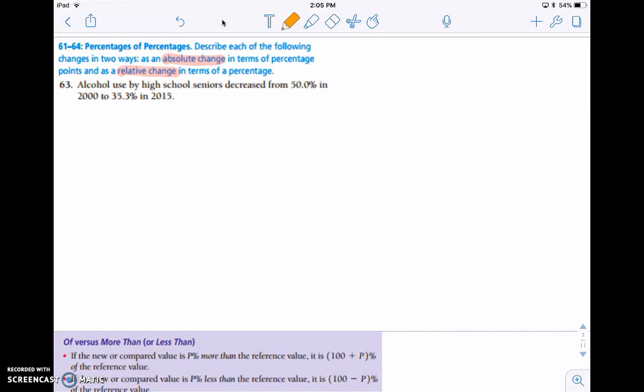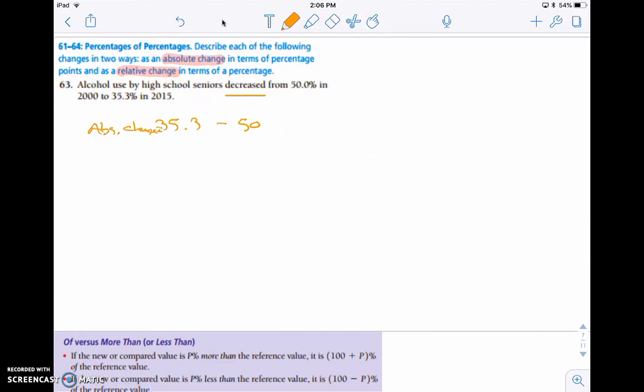And so again, we're decreasing, so we're going to see a negative there. So as we look at this, we take the new, which was 35.3, minus the old, which was 50. So this is the absolute change.